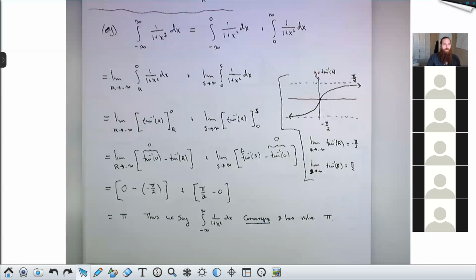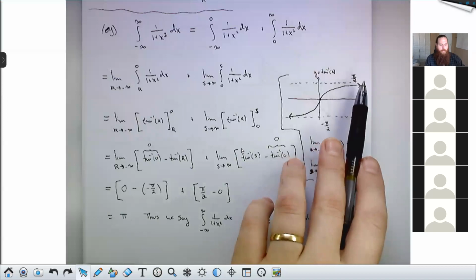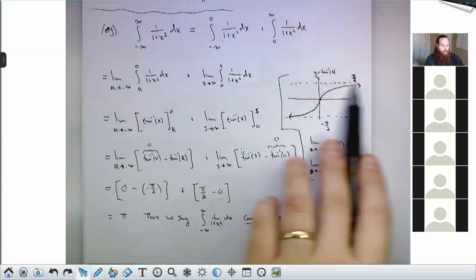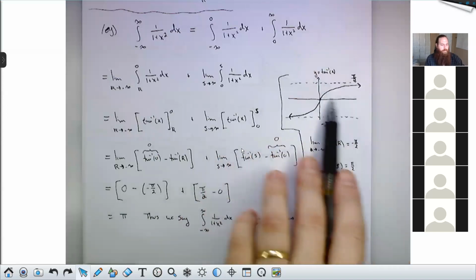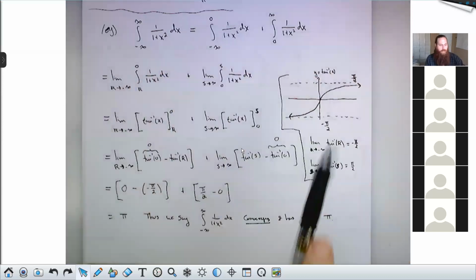Highest and lowest points are at pi over 2. Sort of. There isn't actually a point that has y value pi over 2, but this horizontal asymptote is pi over 2. So as you go all the way off to infinity in this direction, the y values do get closer and closer to pi over 2. Or if you think on the unit circle, the top and bottom points are associated with the angles positive pi over 2 and negative pi over 2.